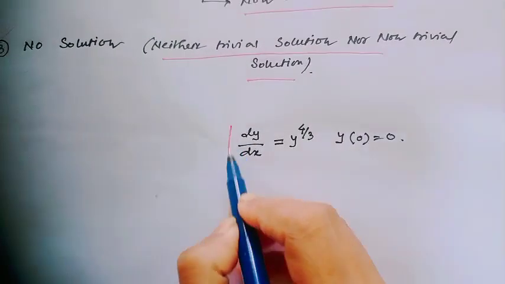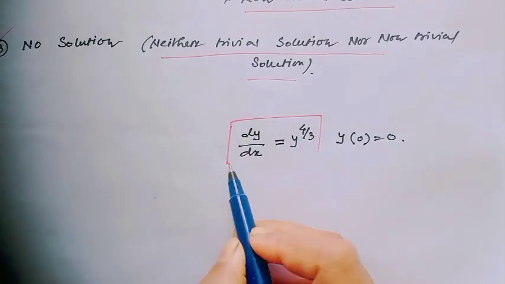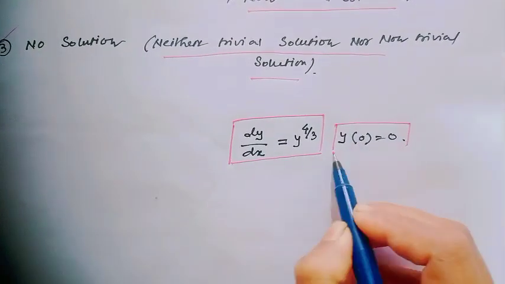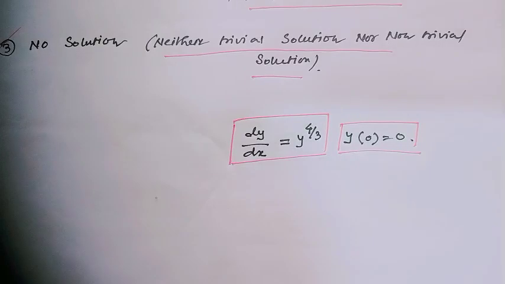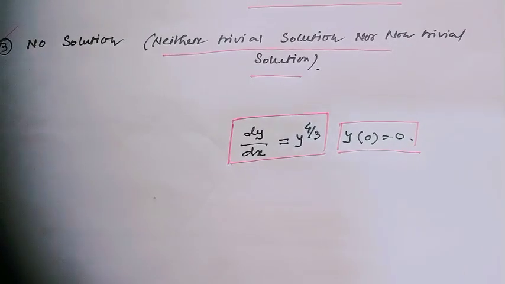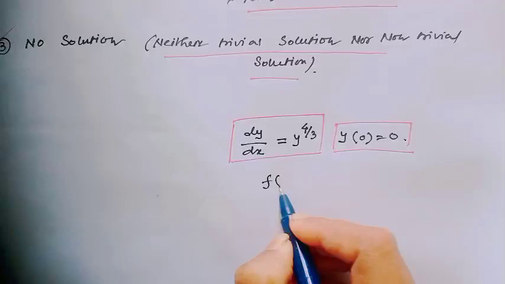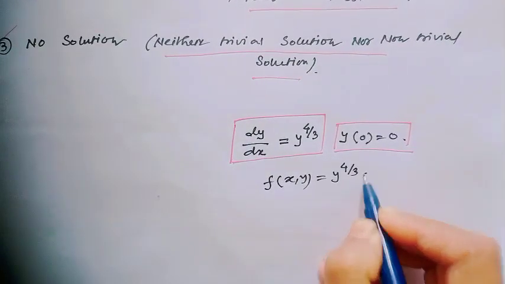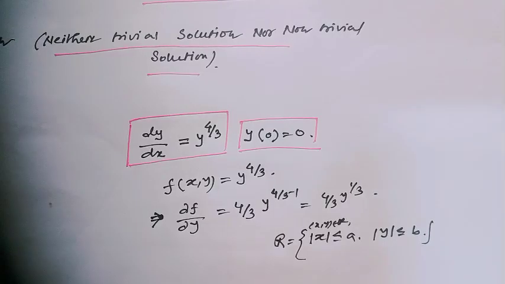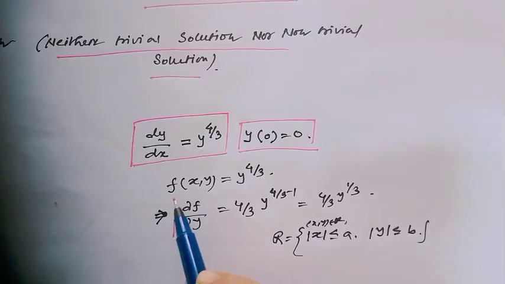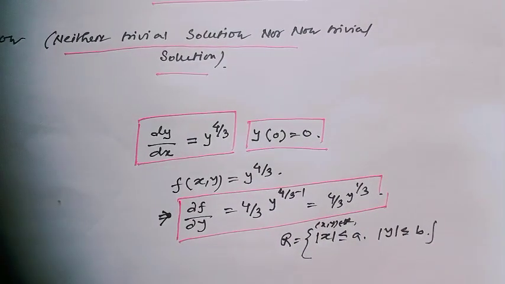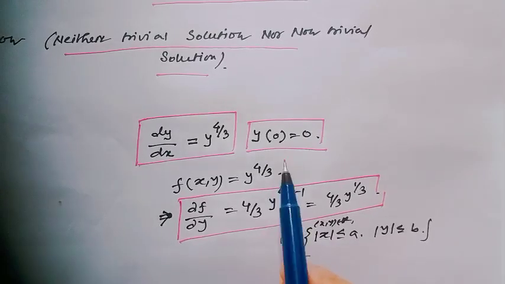Some examples. First example, dy/dx equal to y to the power 4/3 with the initial condition y(0) equal to 0. Consider f(x,y) equal to y to the power 4/3. Here ∂f/∂y equal to 4/3 y to the power 1/3.